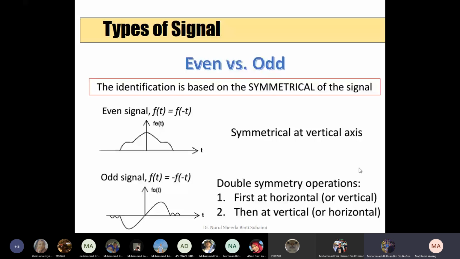So the signal is actually reflected. The mirror image is with respect to the vertical axis. For the odd signal, it has a double symmetry, which is first symmetry with respect to the vertical, then symmetry with respect to the horizontal. So in mathematical form, we can write f of t is equal to minus f of minus t.